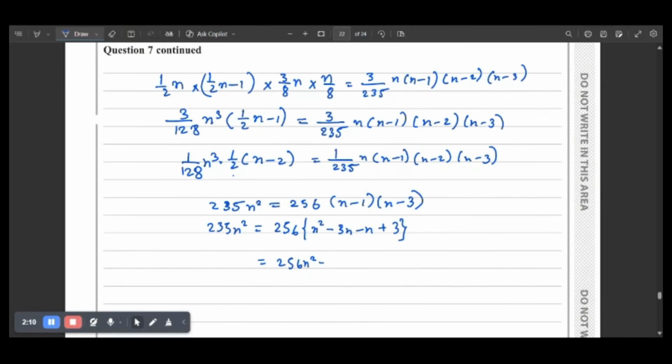Further expansion will give us plus 768.